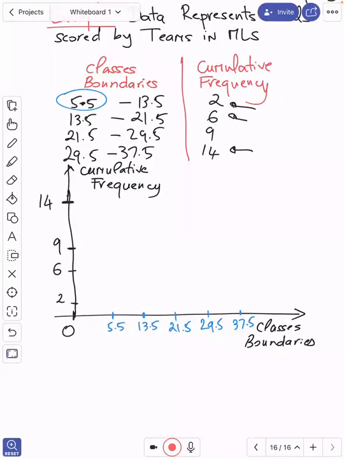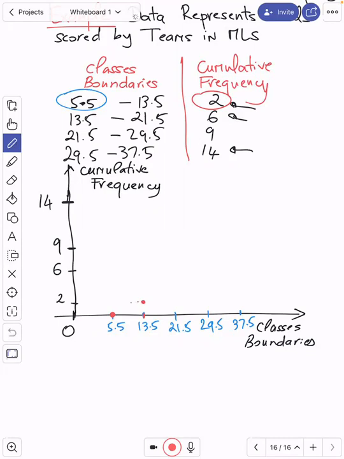So by convention, guys, an ogive begins on the horizontal axis at the lower class boundary of the first class. So your ogive, you're gonna start at 5.5. We're gonna start right here. That's the starting point. Now, the cumulative frequency of the first class is 2, right? So there you see 13.5, and I'm gonna plot a point right here.